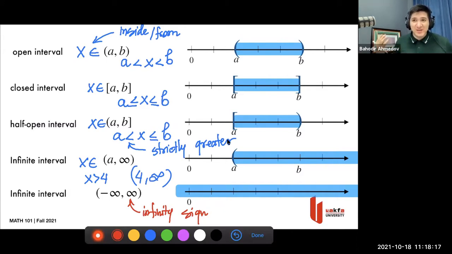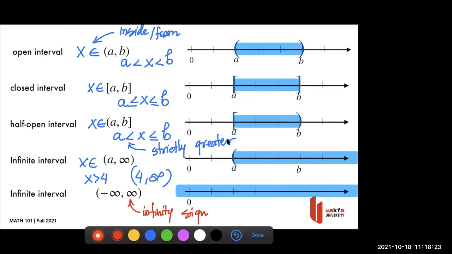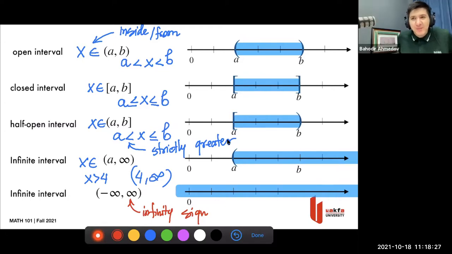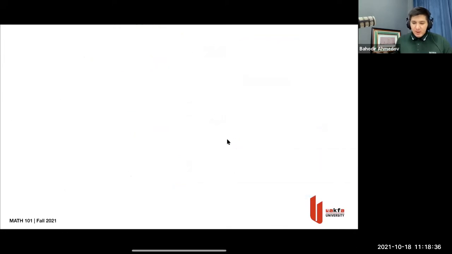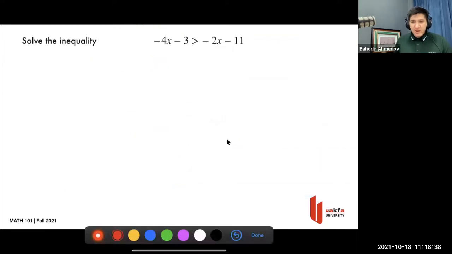Any big number is an infinity. You will see this in a computer. You can denote some finite numbers as an infinity even in the computer. So this concept of infinity is very important for computer science as well. Okay, so here are the classifications of the intervals.